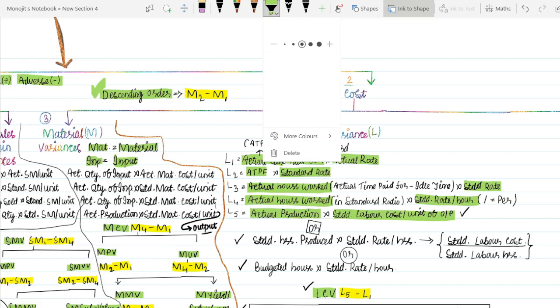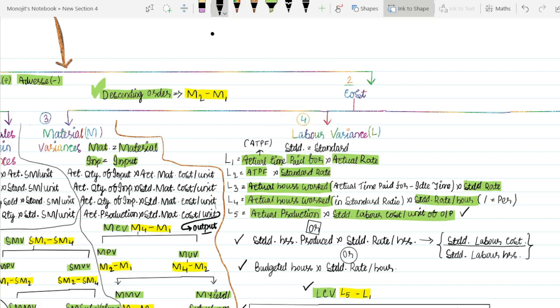The three components are material variances, labor variance, and overhead variances.